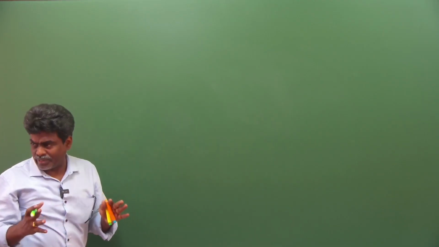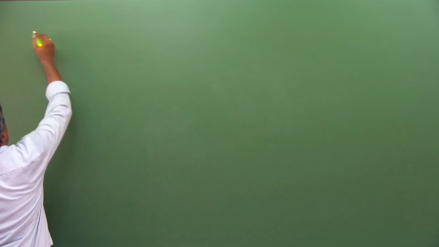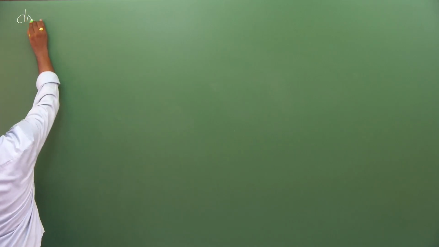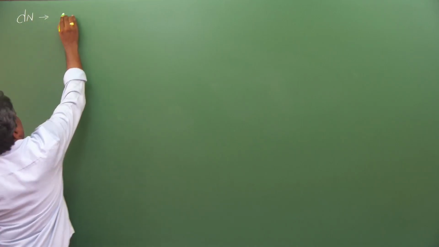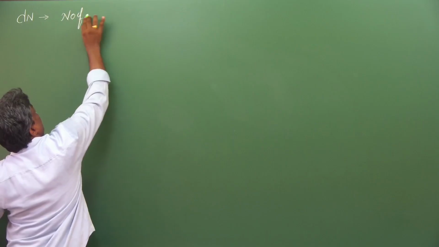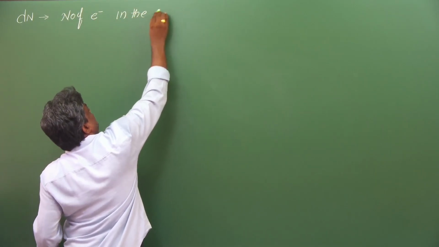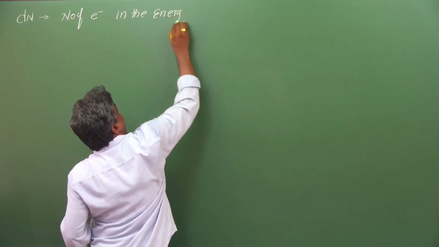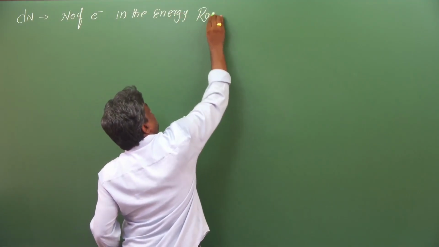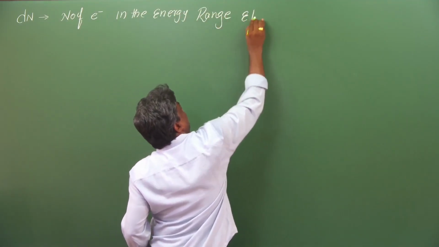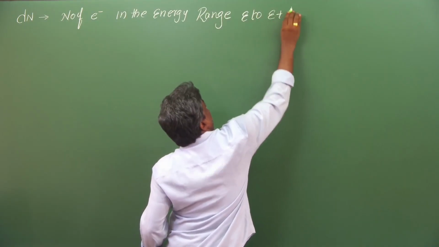Just a few minutes back I defined dn. I told you these are the number of electrons in the energy range E to E plus dE.